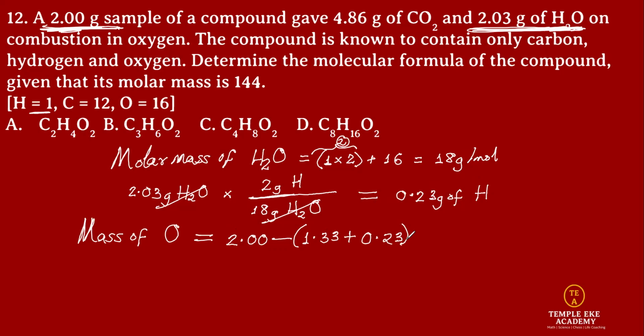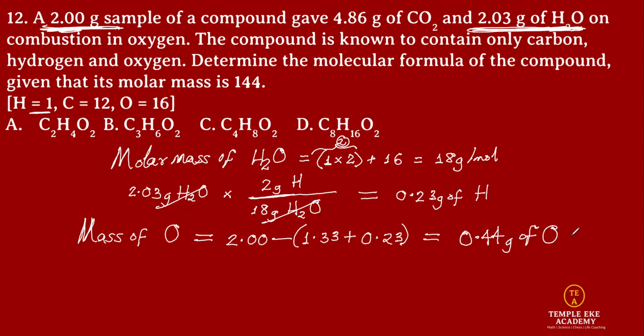in grams. And upon evaluation, we have 1.33 plus 0.23 gives us 1.56. And 2.00 minus 1.56 will give us, of course, 0.44 gram of oxygen.